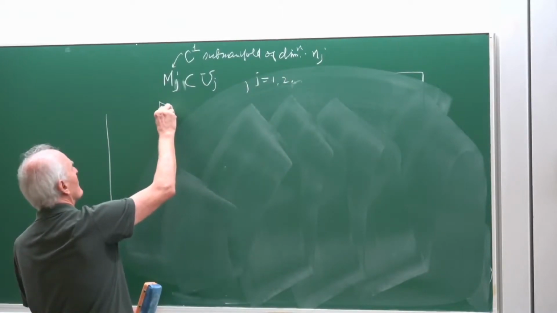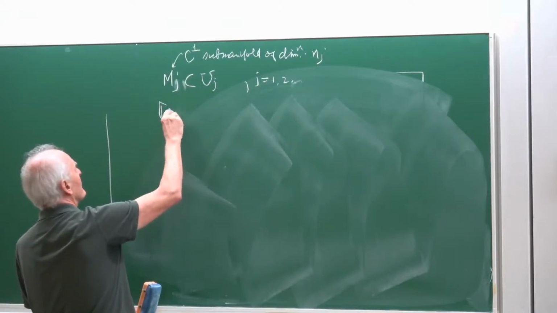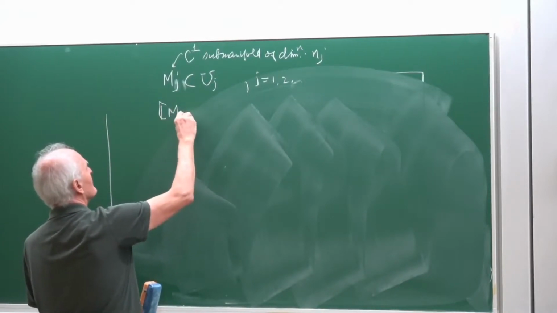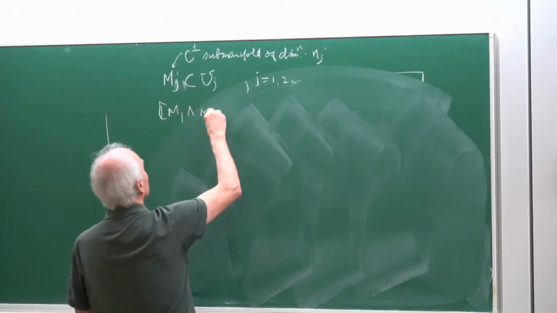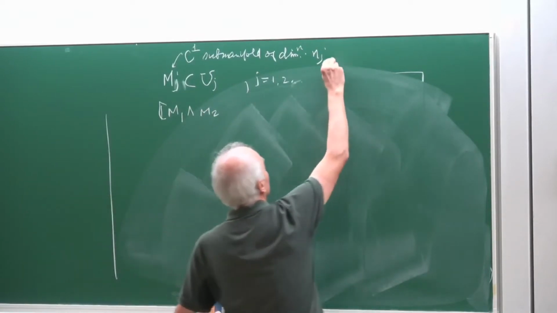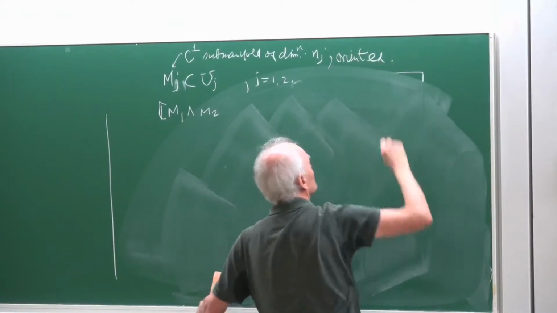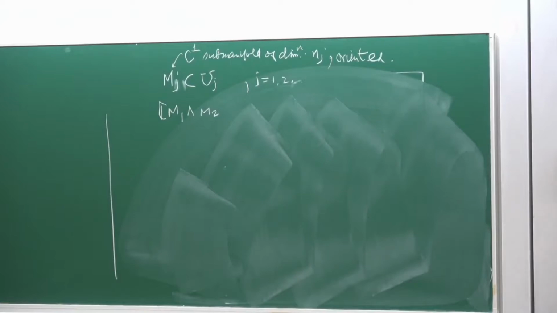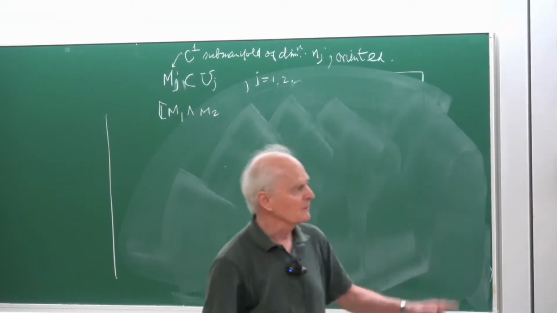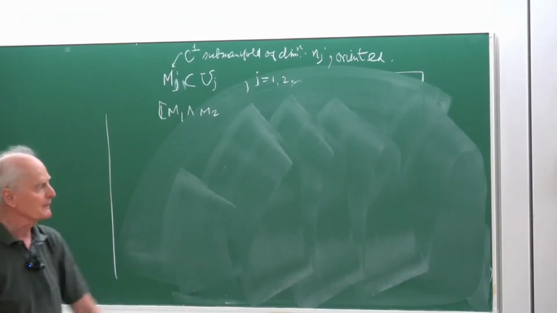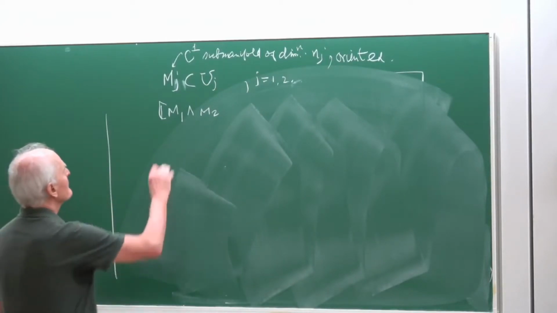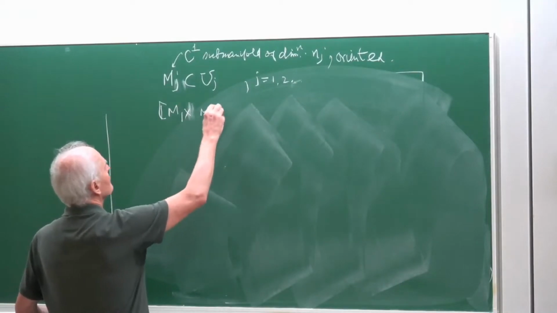And we want to talk about what the right definition of M1 cross M2 is, of course, oriented. Remember, if you want to use the prototypical example, you need to be talking about oriented n-dimensional manifolds, because you have to be able to integrate forms over the manifold in order to use it as an example of a current.